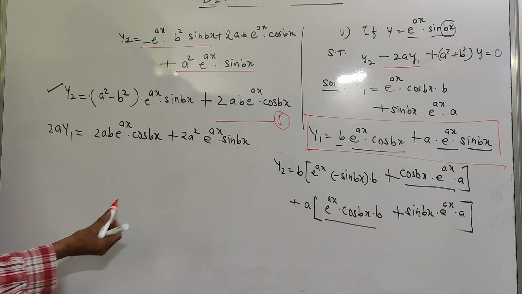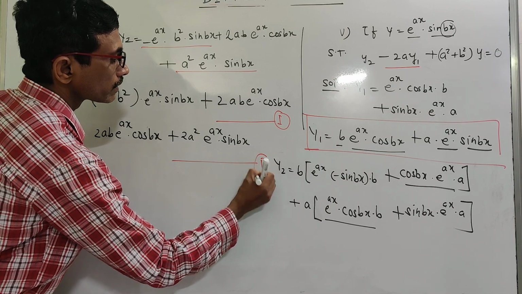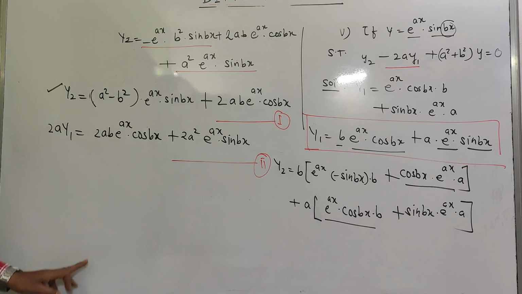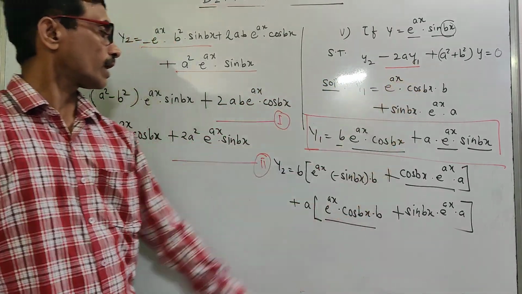This is what second equation, and we subtract this first equation minus second equation, so that y2 minus 2a y1.